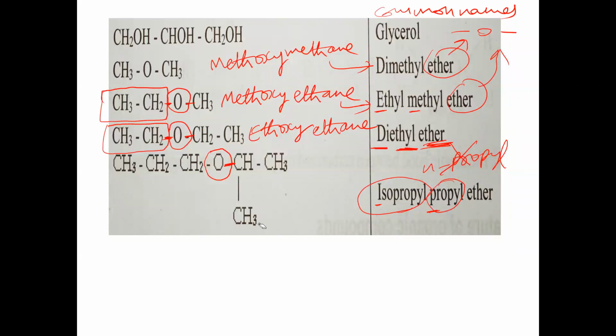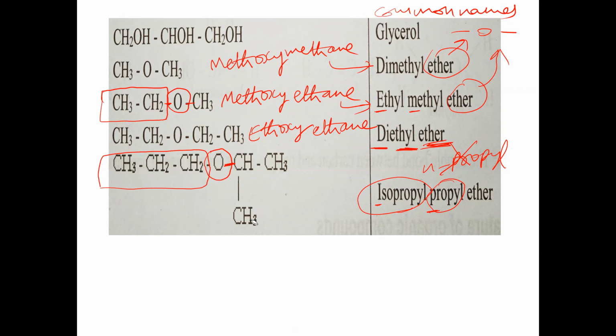Now in this case, tell me what is the IUPAC name of this? Suppose you take these 3 carbons as the parent chain. Now what is this group?